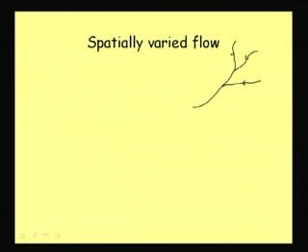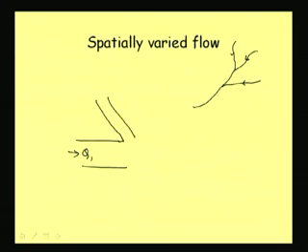In this sort of situation, suppose I draw it like this, a channel is moving like this, carrying a discharge Q1. Then another channel from this side is joining this one, carrying a discharge Q2, and then this is moving like that.